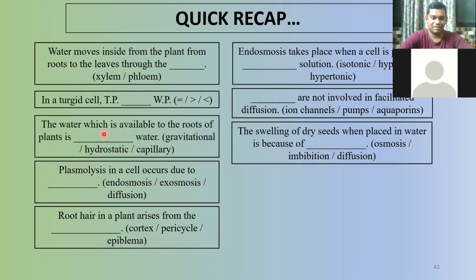Next, the water which is available to the roots of plants is dash water. Wait, can you repeat? The water which is available to the roots of the plants is dash water. Gravitational, hydrostatic, capillary.